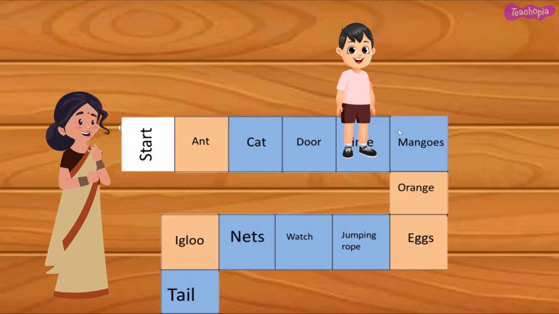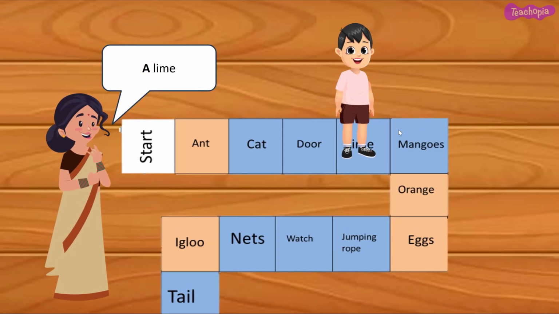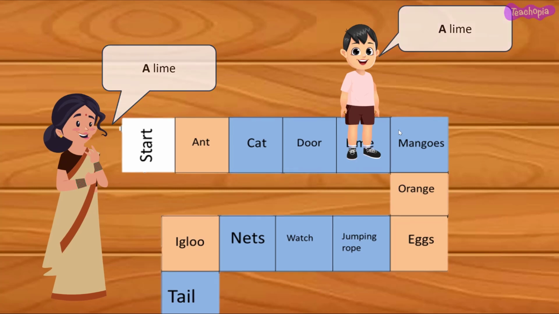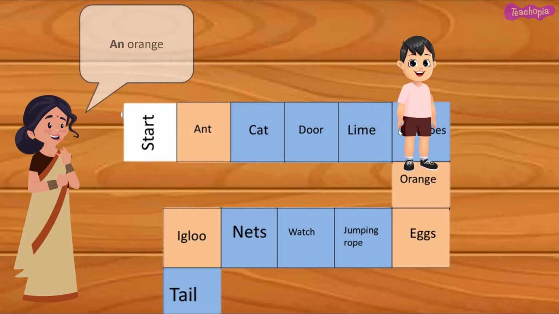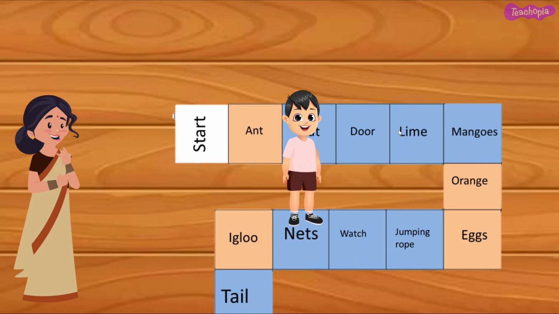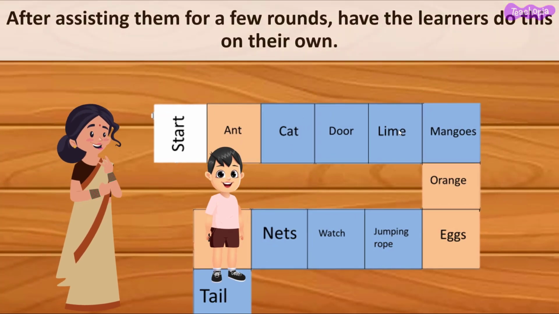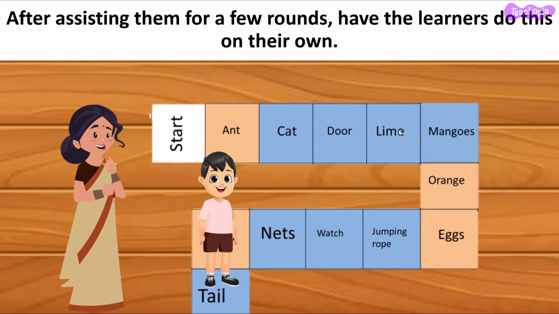Stress on the article as you call out the words. A lime, a lime. An orange, an orange. The nets, the nets. After a few rounds, have learners walk across the mat on their own and do this all by themselves. A tail.